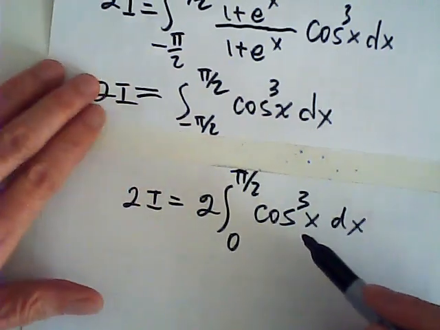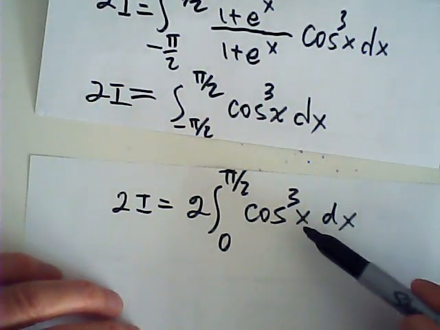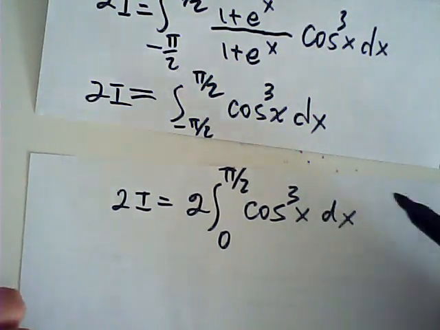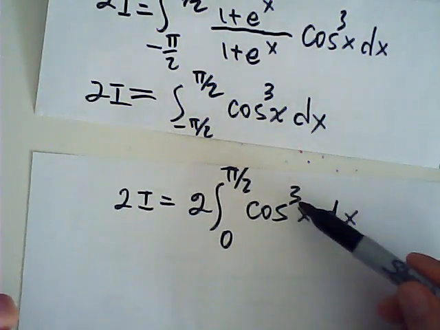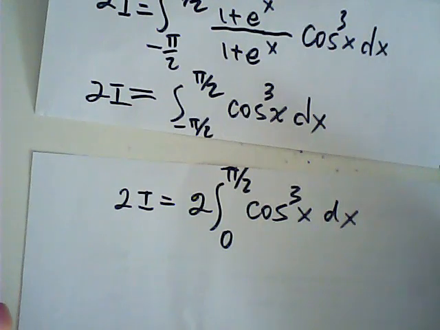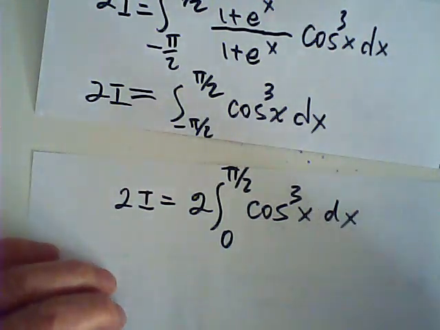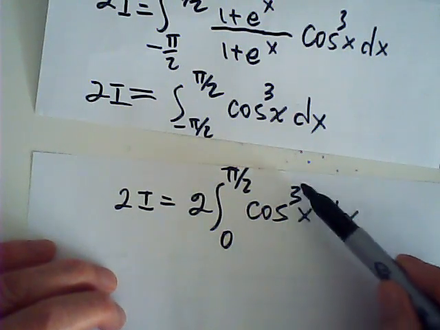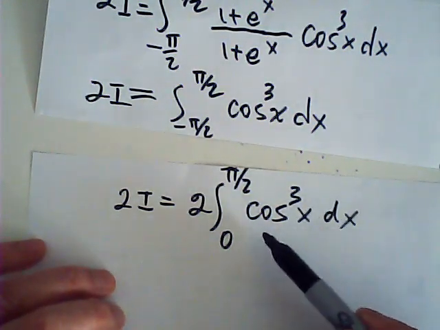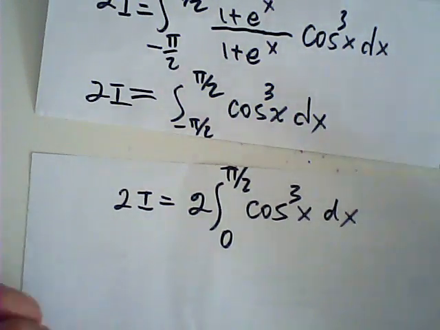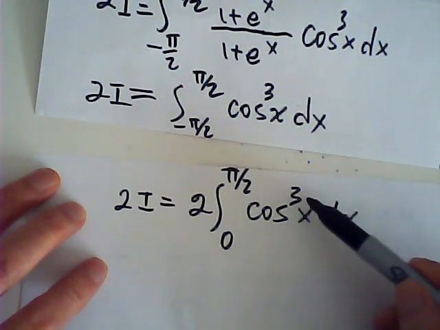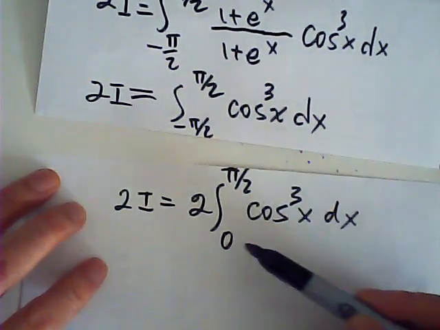I have a video dealing with sine x and cosine x to the nth power. The conclusion is that if this number is even, then we reduce the power by using the reduction formula. If this is odd, then we change the structure of the integrand function.